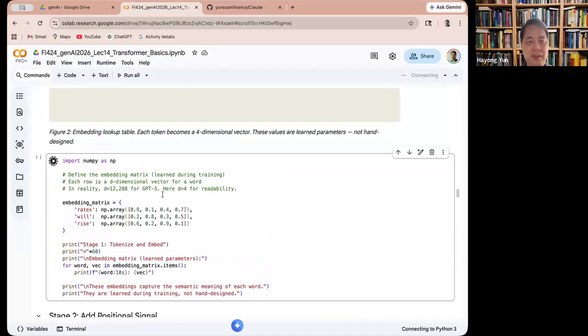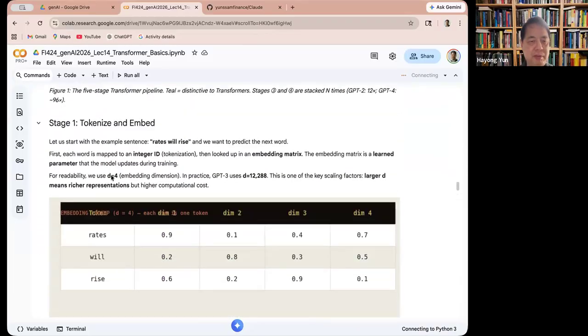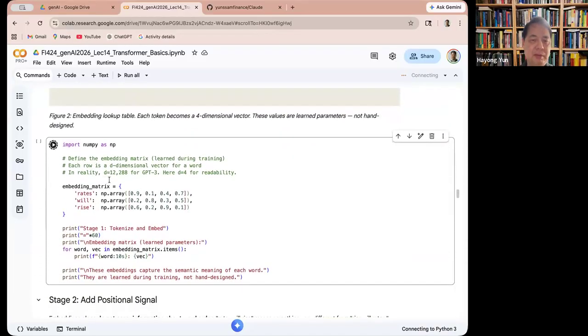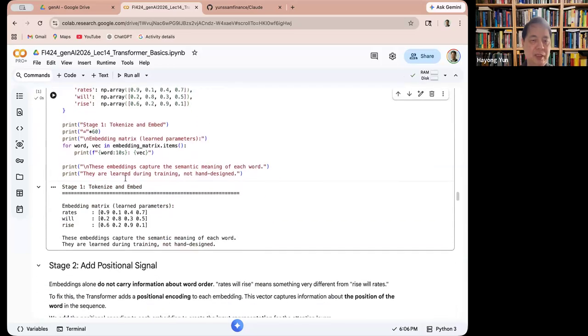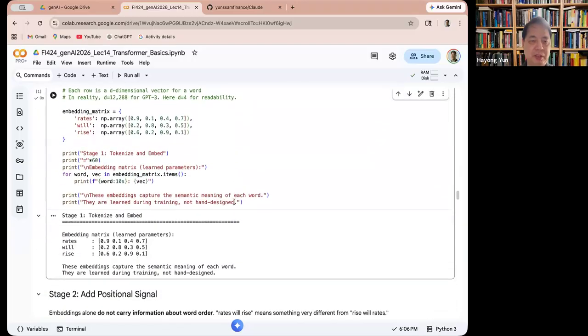I guess it's the first time the cell is running, so it'll take a few seconds. Let me just make sure I ran everything. Okay, so you can see rates will rise just like this figure shows here.